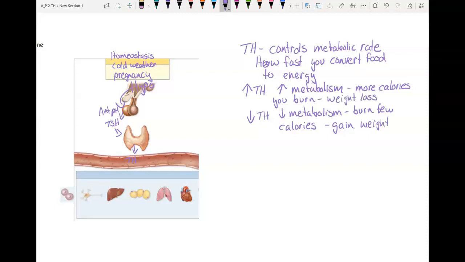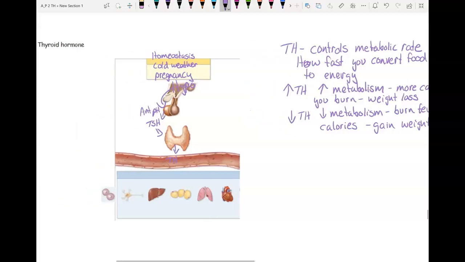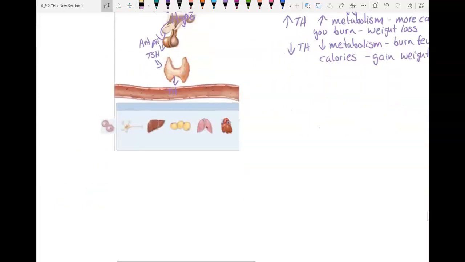Okay, so thyroid hormone is all about energy, making ATP. So now let's look at the effects, how it does this. Thyroid hormone is going to go to your cells. Remember, cells make ATP, and they use their mitochondria to do so. Mitochondria have enzymes.